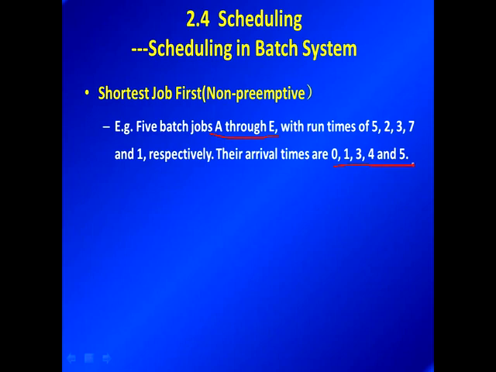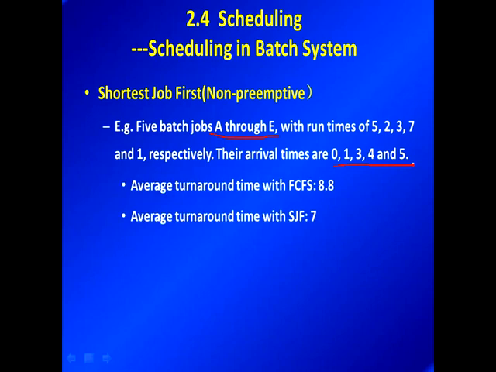It means they arrive at the system at different times, right? This is the real case in the world, because it's very hard for a lot of jobs to arrive at the system simultaneously. Usually they arrive at different times.